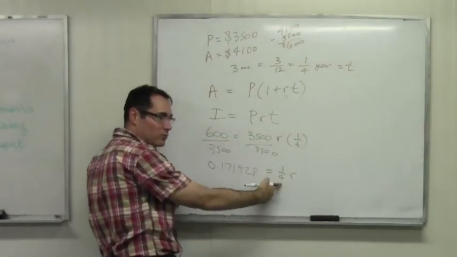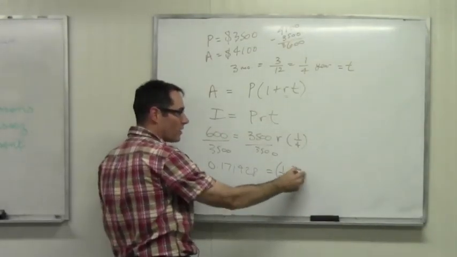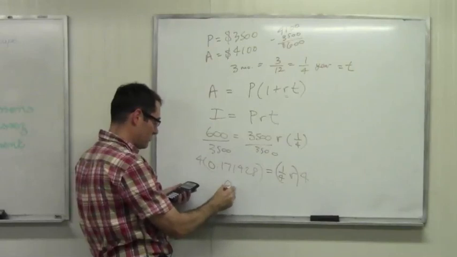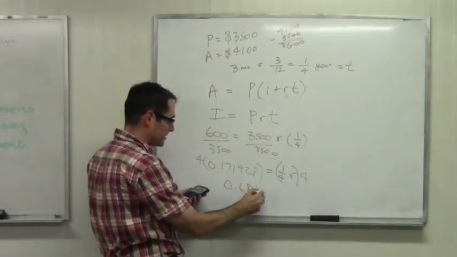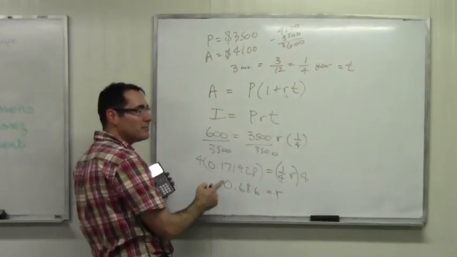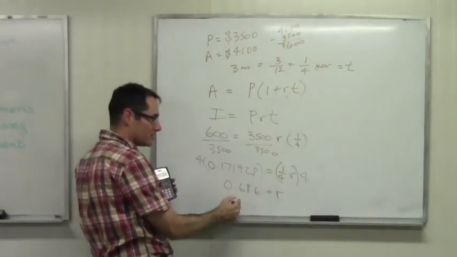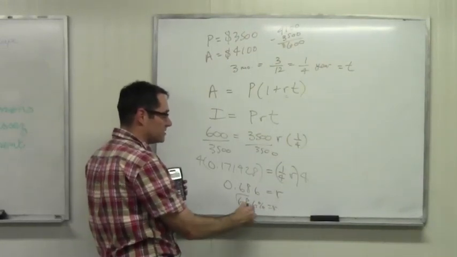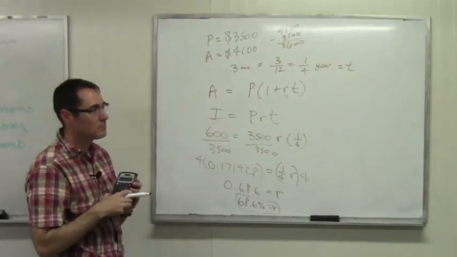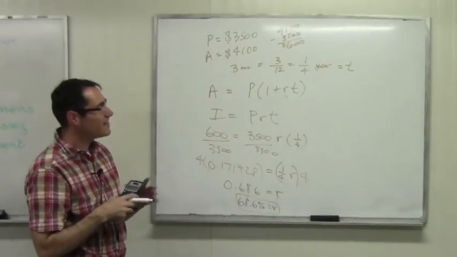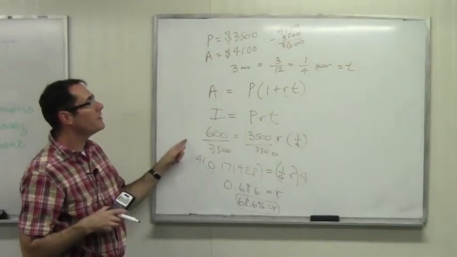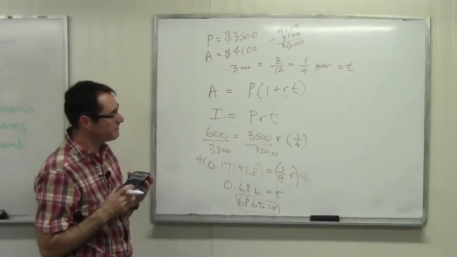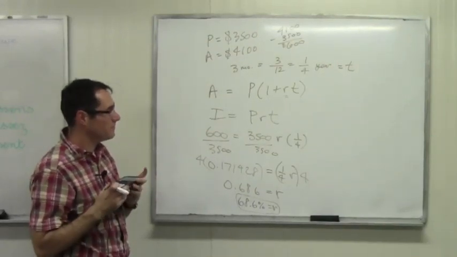To get rid of the 1/4, what do you multiply by? 4 over 1, or just 4. 4 times 0.1714 equals 0.686 equals the rate, which means that your yearly interest rate is 68.6%. Definitely a loan shark. I think that is the easier way to do it. You could do it the other way, and it's really just a little bit more algebra, but it still will come out with 68.6%.